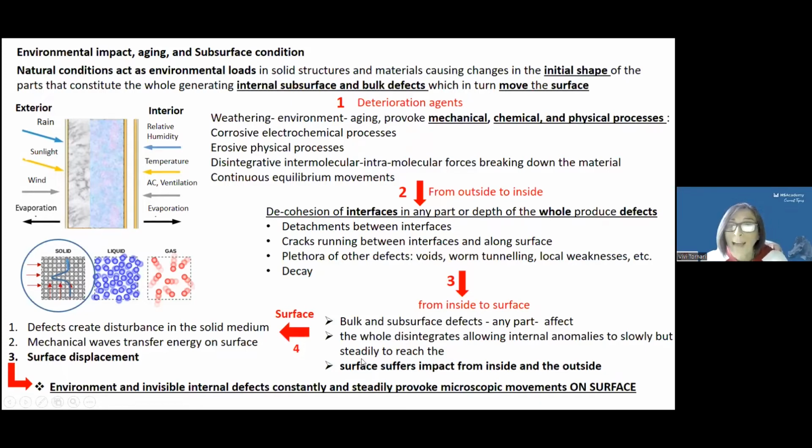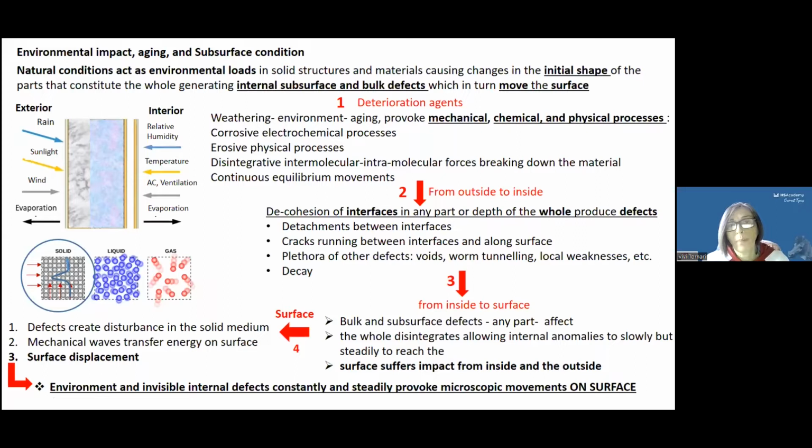And we can identify, we can detect, first of all, we can trace this impact on the surface through special techniques that have the sensitivity to record such small impact, such small movements on the surface.